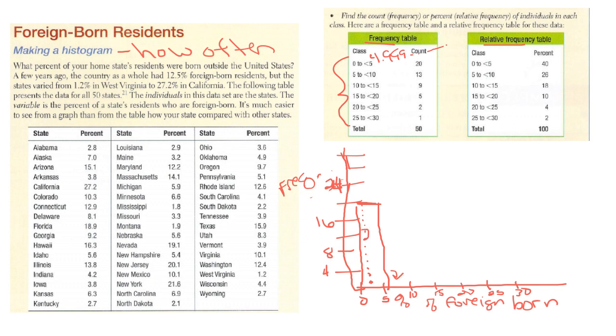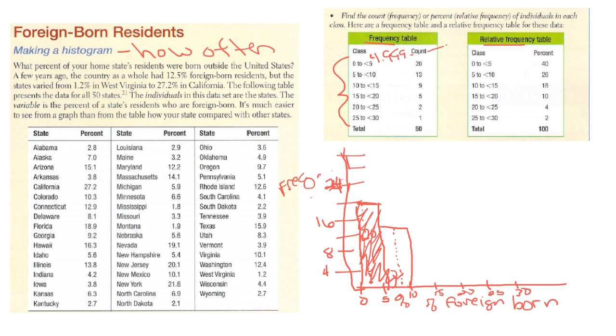I'd go all the way up to 20 in this bin. So that's my first bin there. Okay, my second bin, 5 to less than 10%, has 13. So again, I go up to 13. So there'd be 13 data points that fall in that range of values.